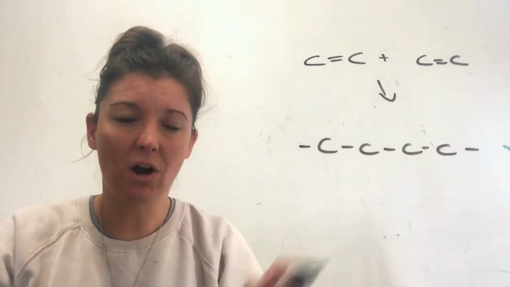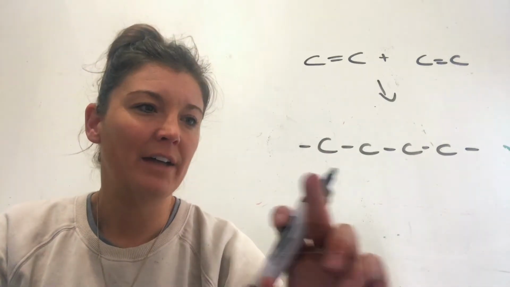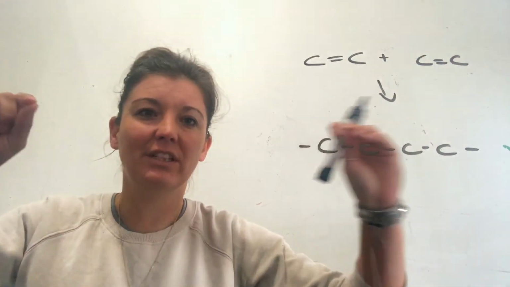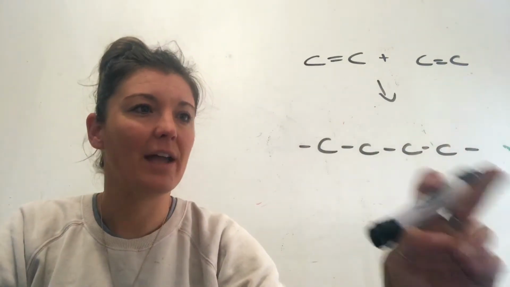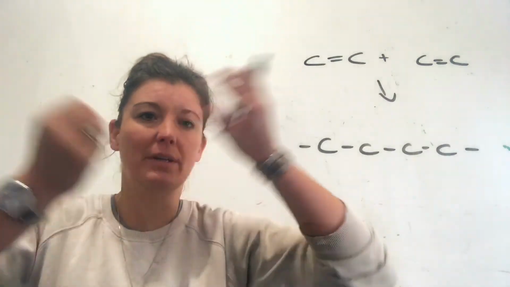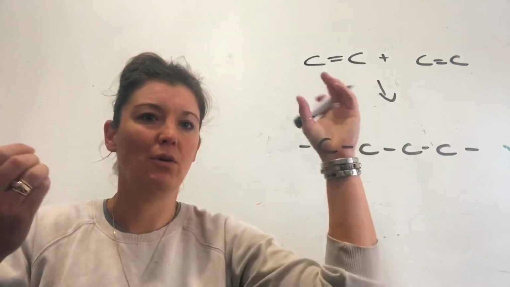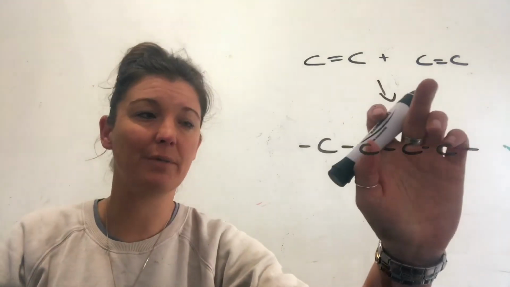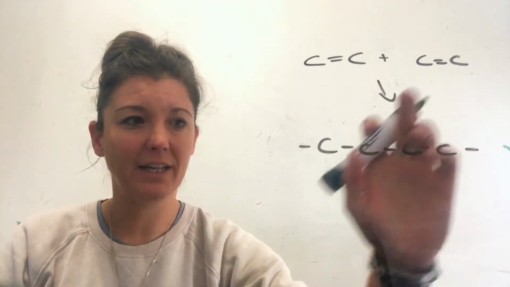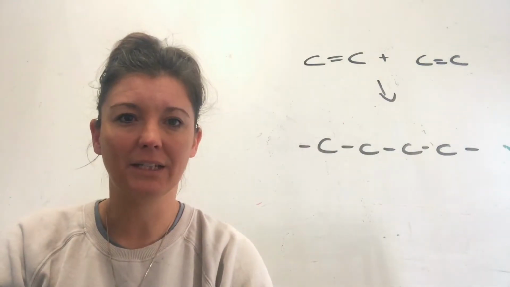So look at the slime that we make, or that kids make at home. That is made up of long chains of these carbons linked together, and they are made by using these double bonds that open up, and because they can't stay open, they're either going to close again or they can grab onto whatever is next to them. So that's the other molecule of alkene. So this is called a polymer, but we'll get into detail a bit later.